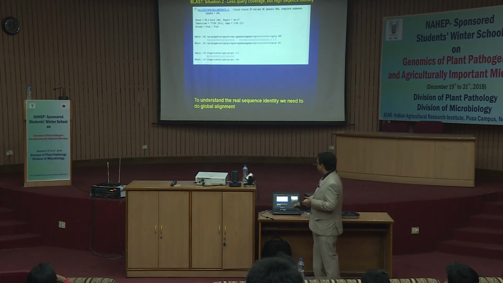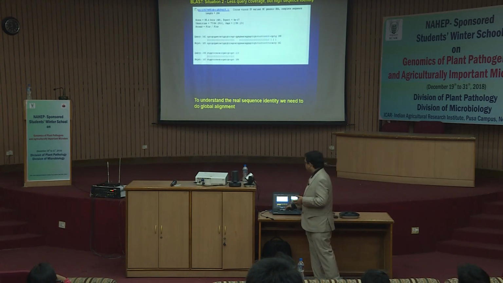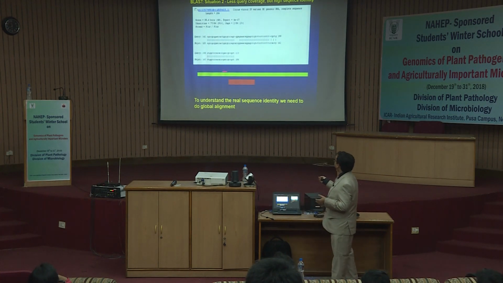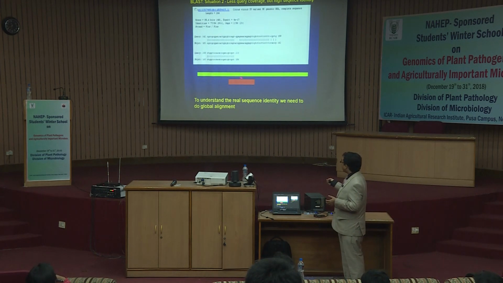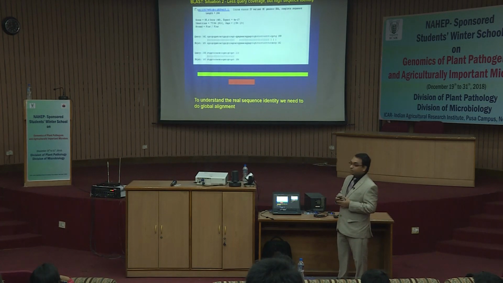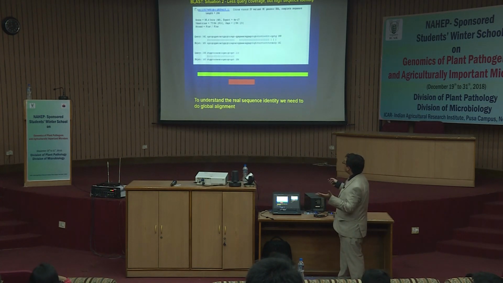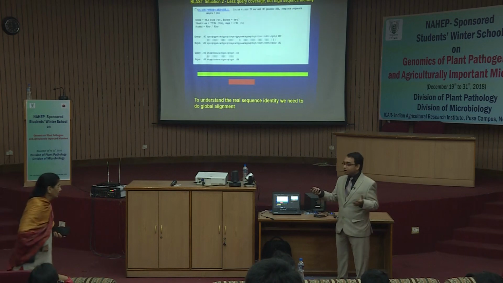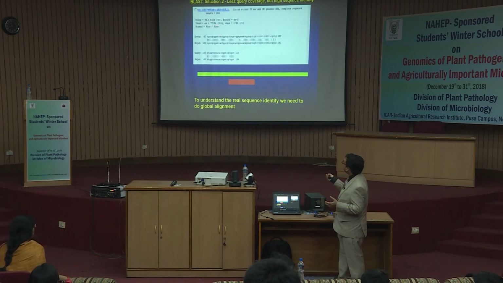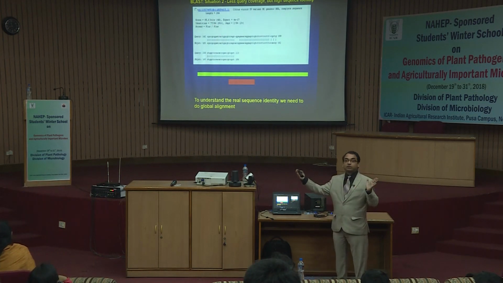For example, these are the two sequences we have taken. This is the deposited sequence, and in the entire sequence only this stretch is matching with this, and here you can tell it is also showing 91% similarity. But the entire sequence which you have given, suppose it is 373 nucleotides, is only showing a stretch of 84 nucleotides out of the 373.